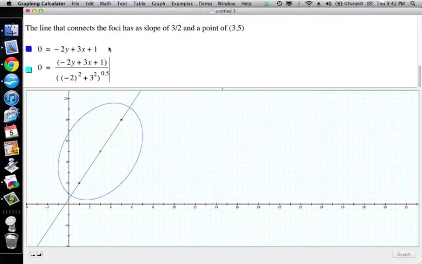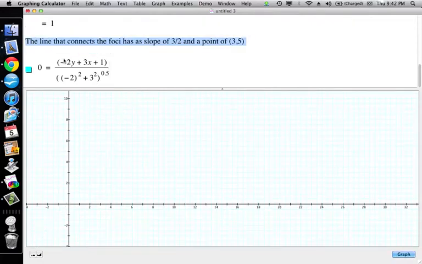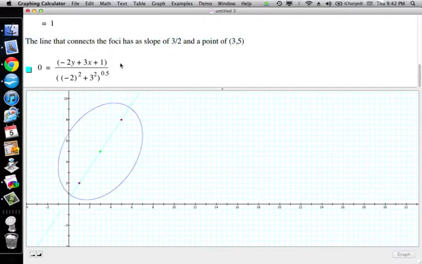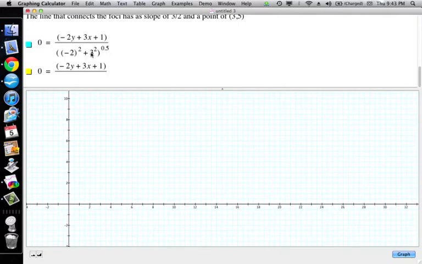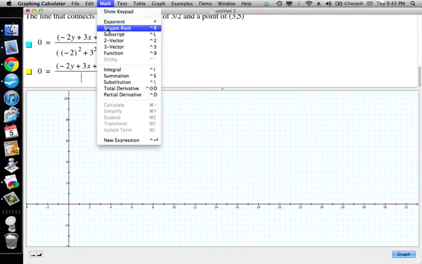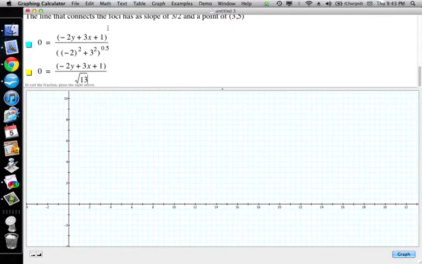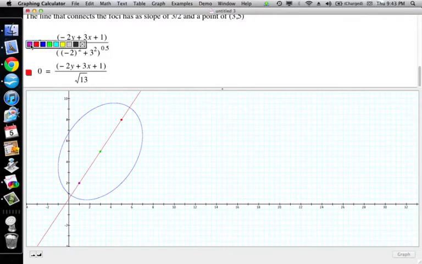And we're almost to the last step of that, where I'm going to say 0 equals (negative 2y plus 3x plus 1) all over, that's going to be 4 plus 9, the square root of 13. Boom, there you go.